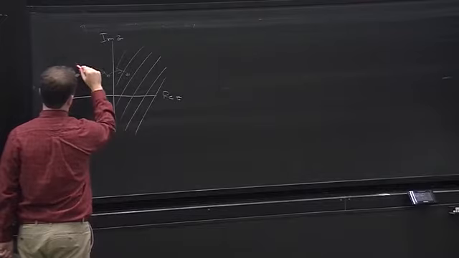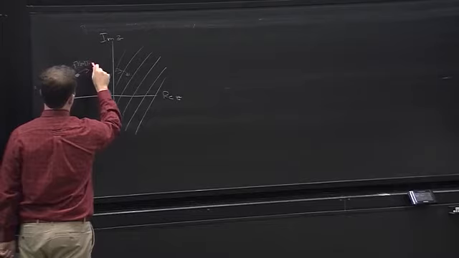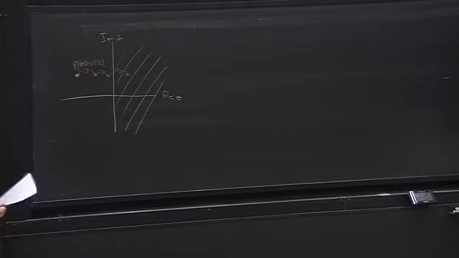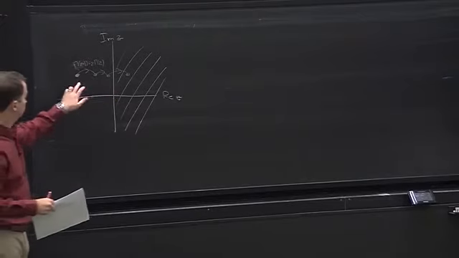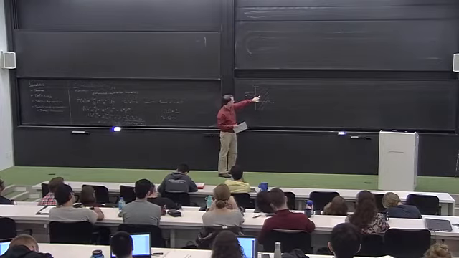So we can use the functional equation repeatedly to define the value of gamma at this point in terms of the value of gamma here.